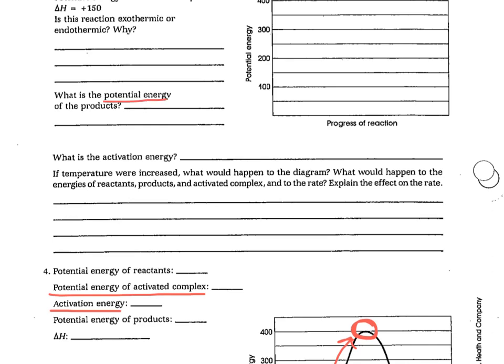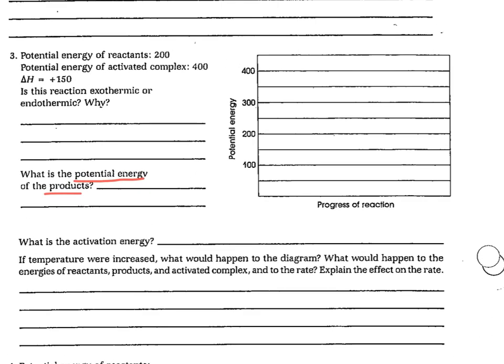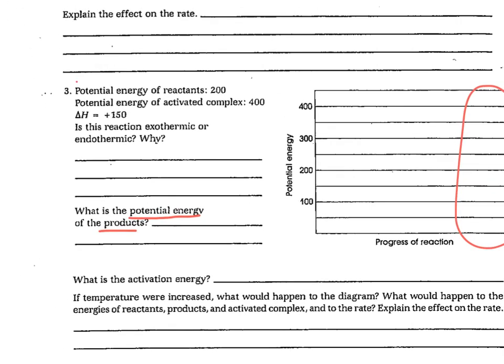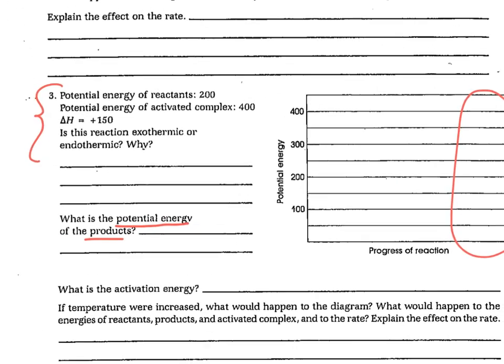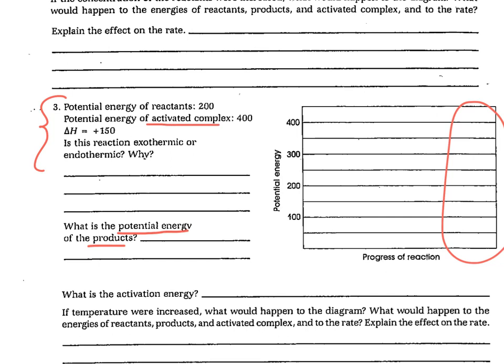This one says potential energy of the products. So we just want to know, when we draw on our graph, the ending energy that we use, that we draw in from here. When it says potential energy of the activated complex, that's going to be the top of the hill. So the top of our hill is going to be here. The actual activation energy is the amount of energy it takes from the reactants to the top.